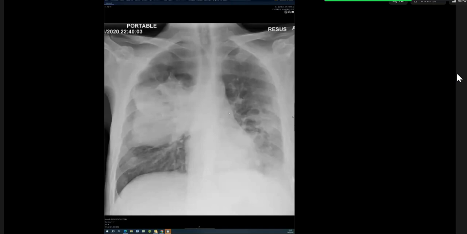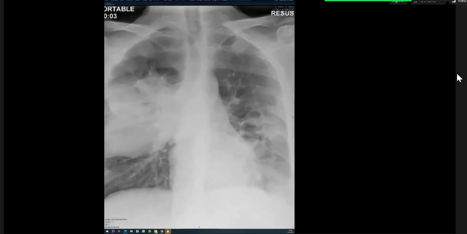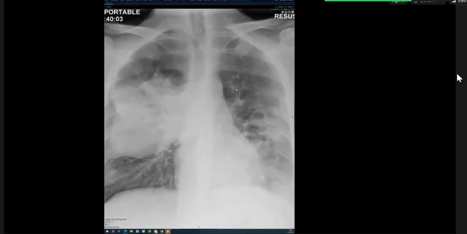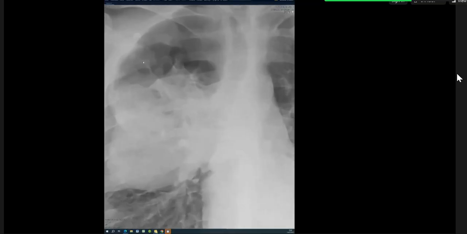I feel like there are two opacities approaching each other, because I can see maybe a bit of difference in density at the peripheral aspect of the lesion.